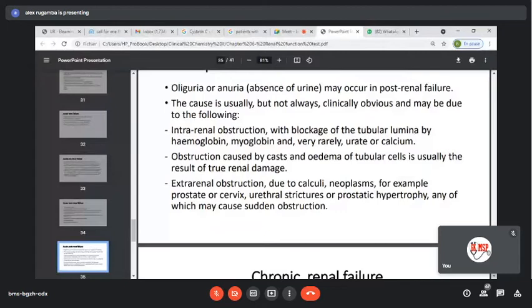The obstruction of urine may be caused, as I told you, by the cancers.